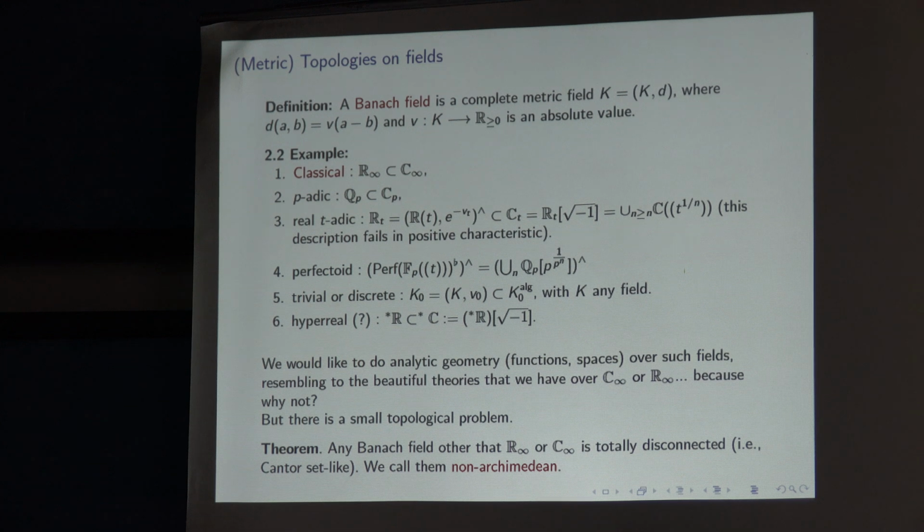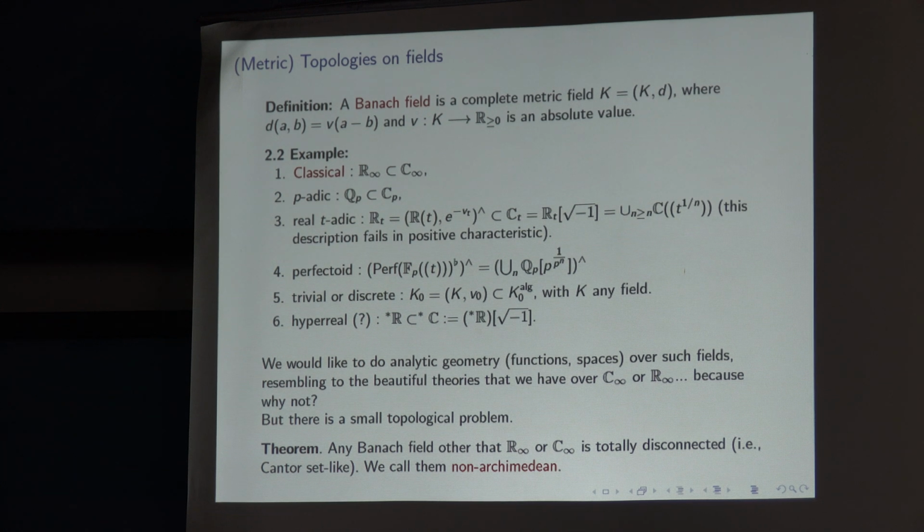Just add the square root of -1, and you have the concrete description of this field. There is a mistake there. There should be n greater than or equal to 1. But this construction may be performed for other fields, but in positive characteristic you cannot give this explicit description of the algebraic closure of these t-adic fields.